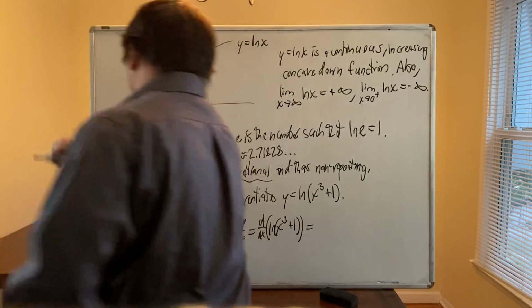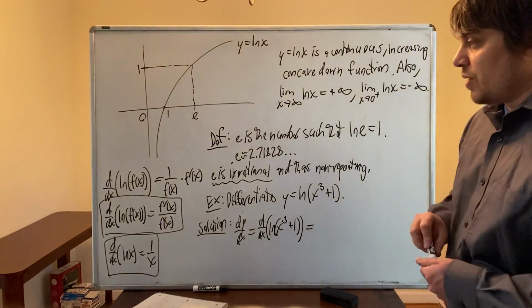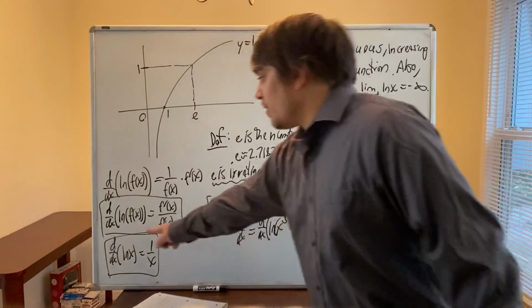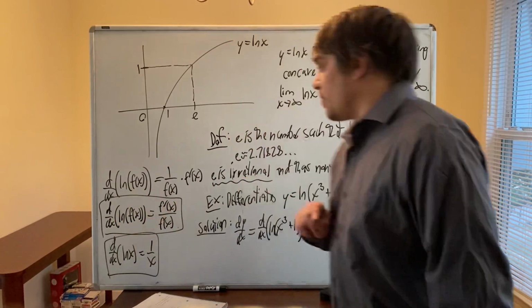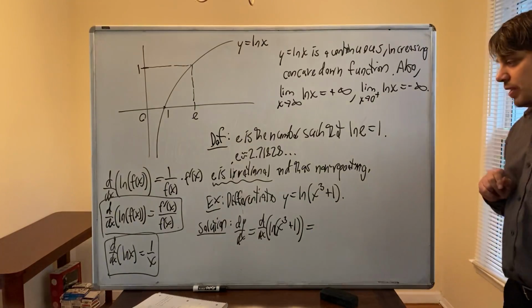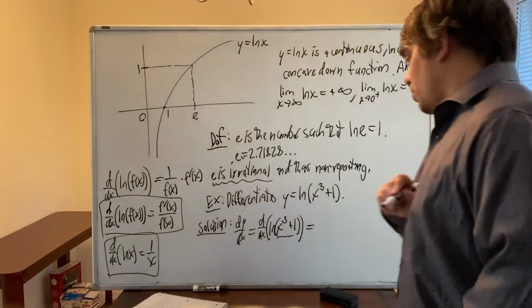Okay, so I give you these two formulas. d/dx of ln x is 1 over x by the fundamental theorem of calculus. By this equation here, I show that d/dx of ln of f of x is f prime of x over f of x. Here, the f of x is x cubed plus 1.